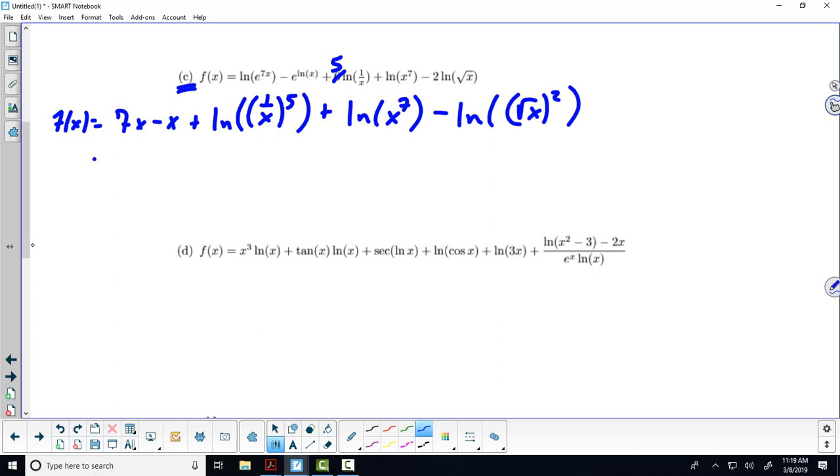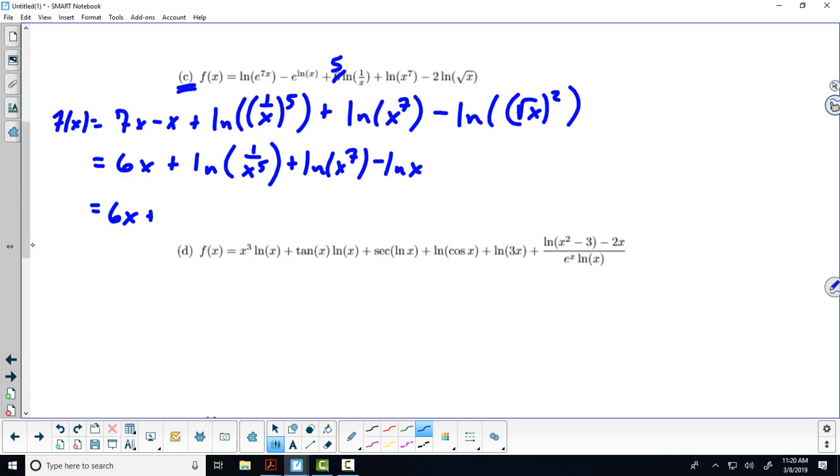Okay, so this gives us 6x plus the natural log of 1 over x to the 5th plus the natural log of x to the 7th minus the natural log of x. Okay. More properties of logarithms, folks. I have an addition of 2 logarithms of the same base. What can I do?